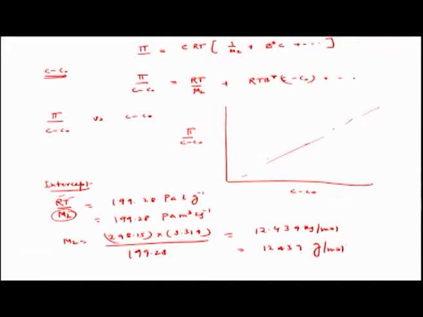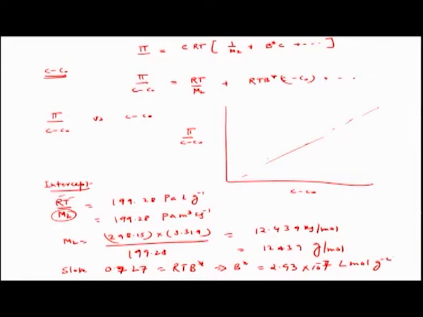Now, what about the slope? Slope is 0.727, which is nothing but RT B star. So, I now have B as 2.93 into 10 to the power minus 7 liter mole gram square per gram square.